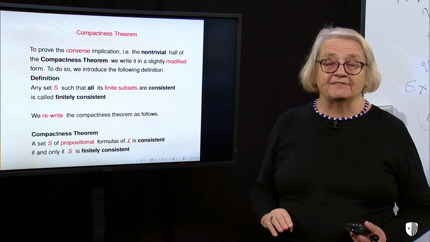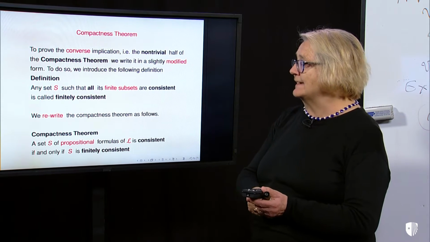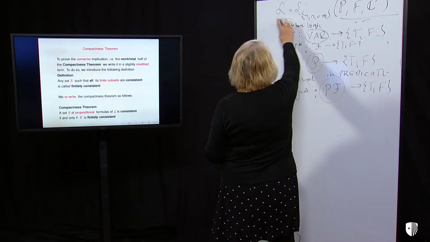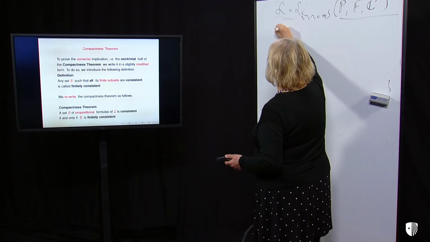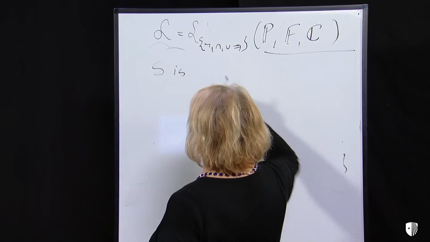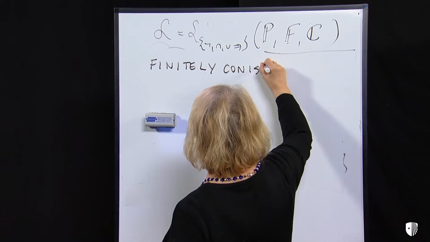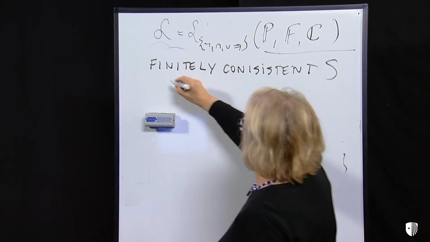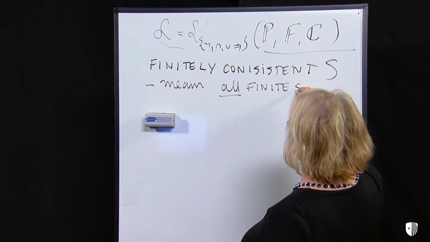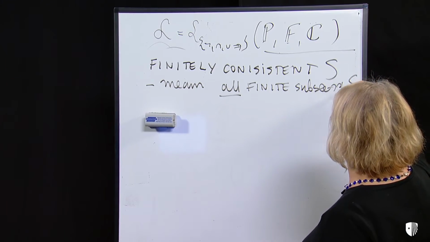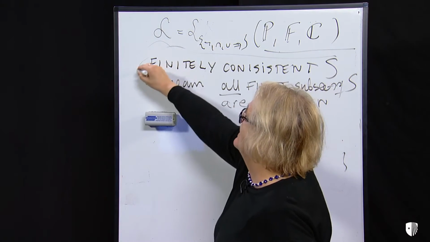We have a definition, which is one of the important ones: S is finitely consistent means all finite subsets of S are consistent. So now we will be talking about finitely consistent sets.